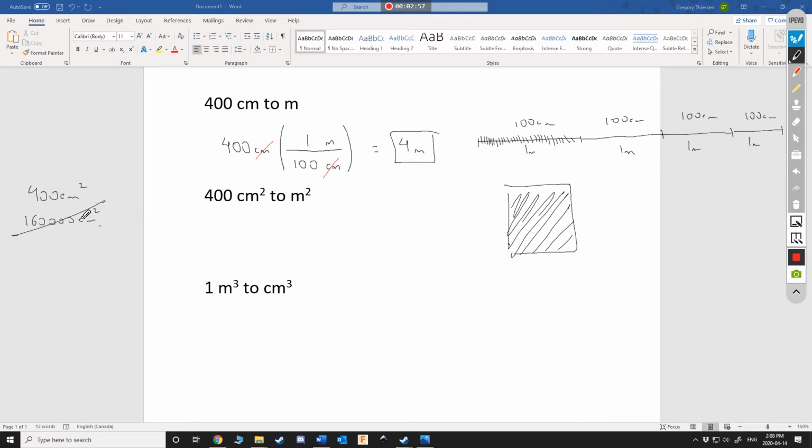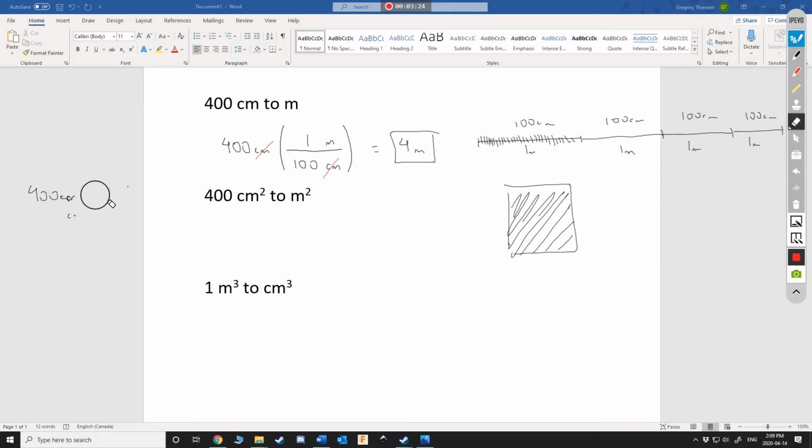This is incorrect. The squared is only being applied to the unit, centimeters. It's not being applied to the 400. The centimeter squared is a unit. It's saying we are talking about some type of area. It's not telling us the square of the 400.